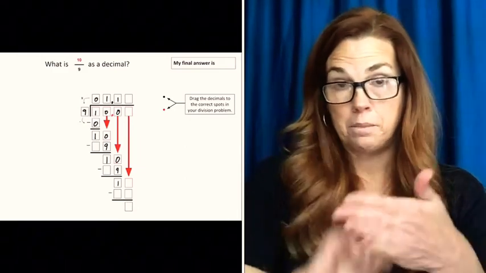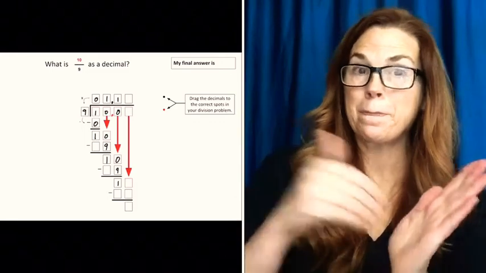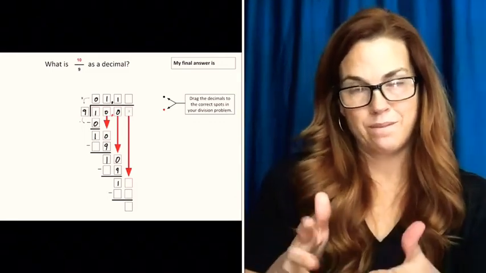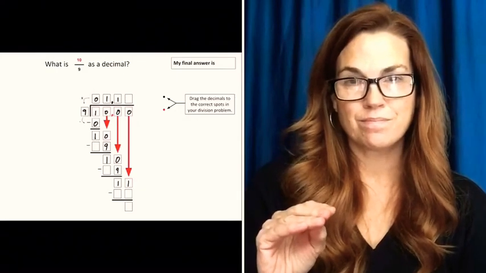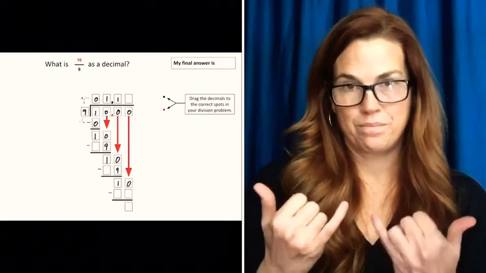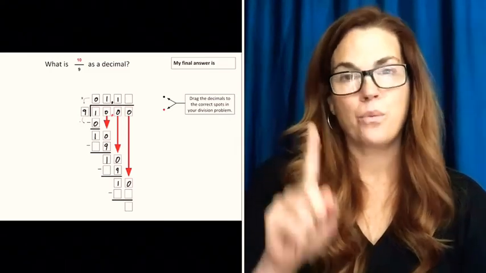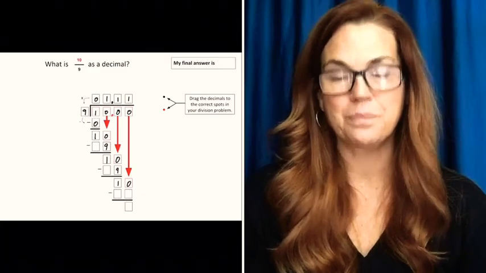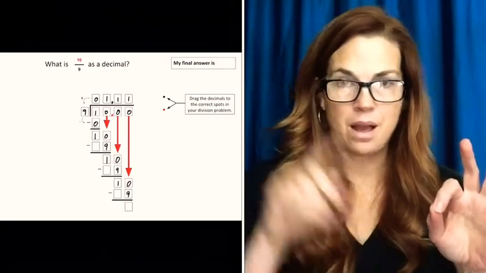I have another remainder, so I need to add a 0 and bring it down. That's going to give me 10 again. How many times does 9 go into 10? Well, 9 goes into 10 one time. So I'm going to put 1 up here, and 1 times 9 is 9, and 10 minus 9 is 1.